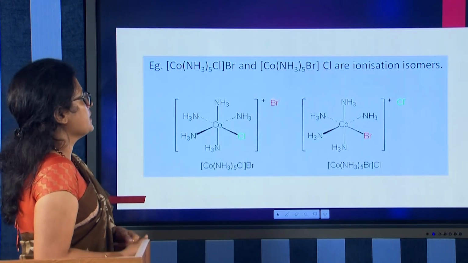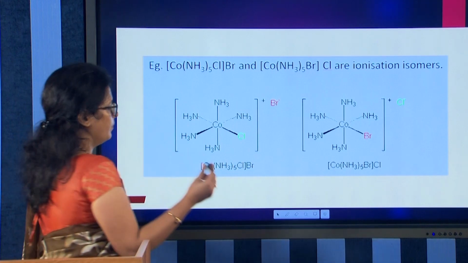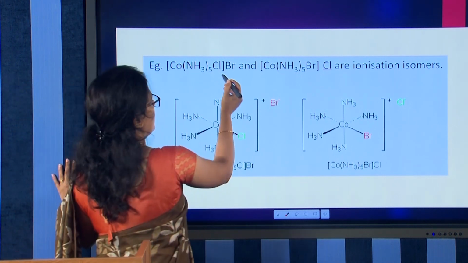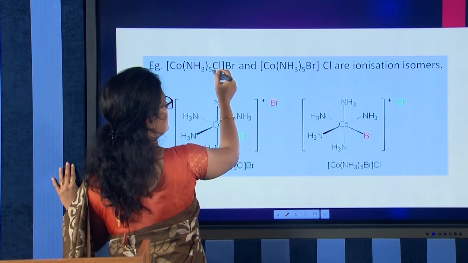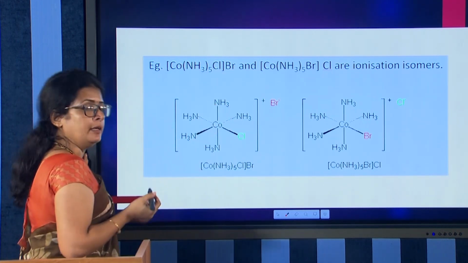See the example: [Co(NH3)5Cl]Br is one complex, and another coordination complex is [Co(NH3)5Br]Cl. What is the difference between these two isomers? When we look into the two complexes, you can see that in this complex, the Cl is inside the coordination sphere, that is, the Cl is a ligand here.